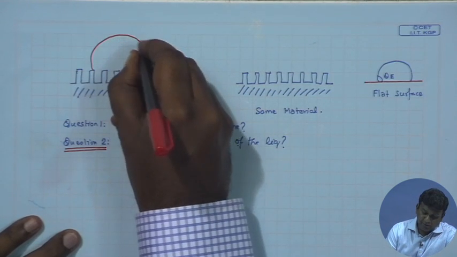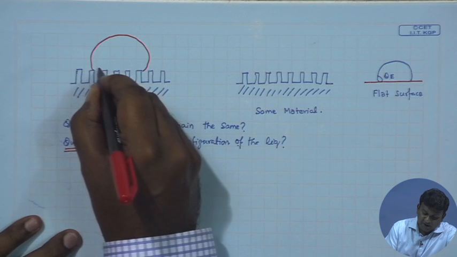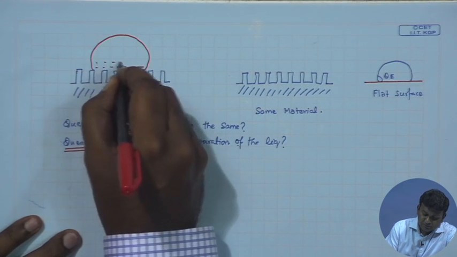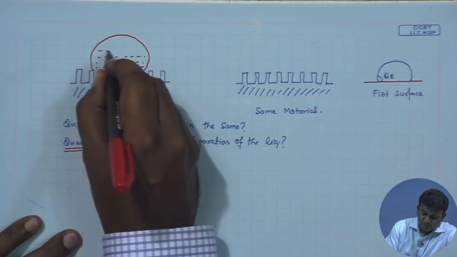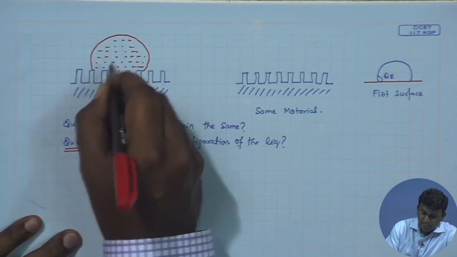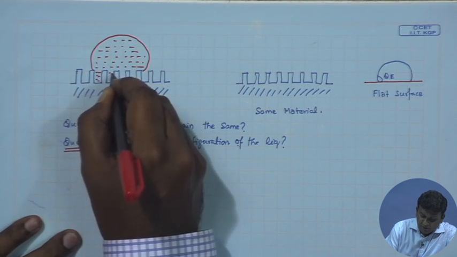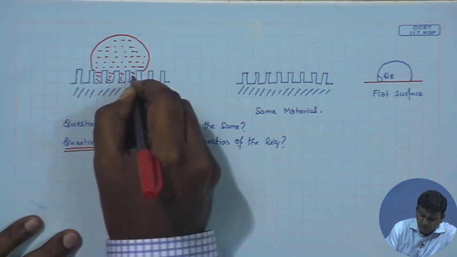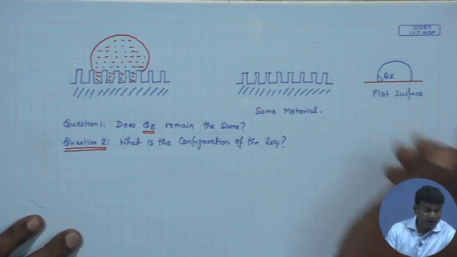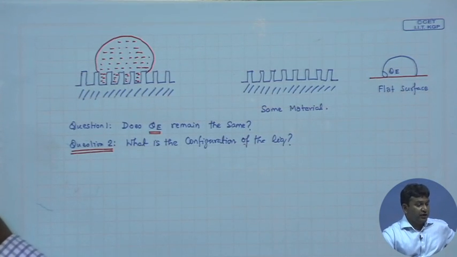Suppose you put a drop and it is only obvious that this drop will flood the areas between the patterns, and that is exactly what is shown here.